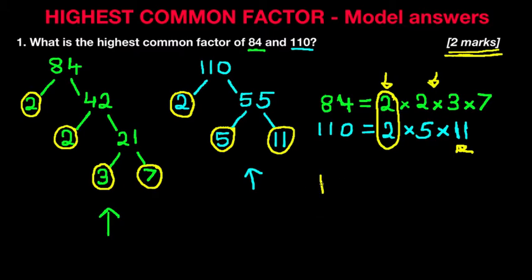So therefore, the highest common factor of numbers 84 and 110 is simply 2. That is the highest common factor of 84 and 110. And if you lay out the answer in this format, you will get both marks in the exam.